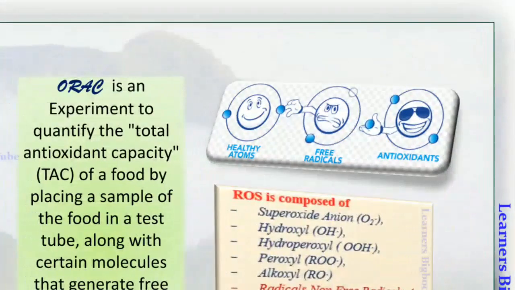Here in this figure you can see the center one will be the free radical atom, where the molecule is going to influence the healthy atoms present in the biological system, where it is going to snatch an electron from the orbit and become neutral, but it is going to make this healthy atom present in the biological system, after the one electron has been snatched, function abnormally.